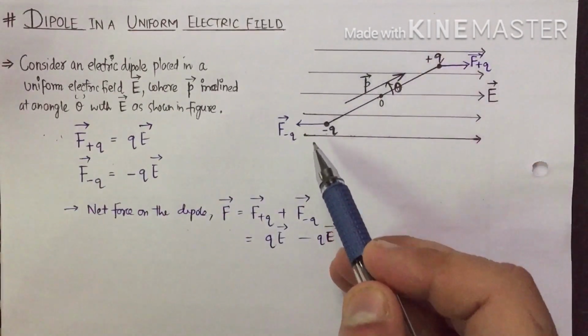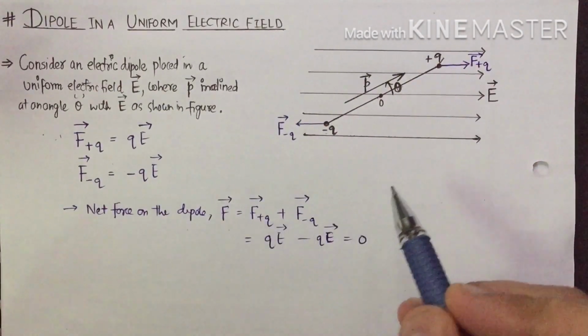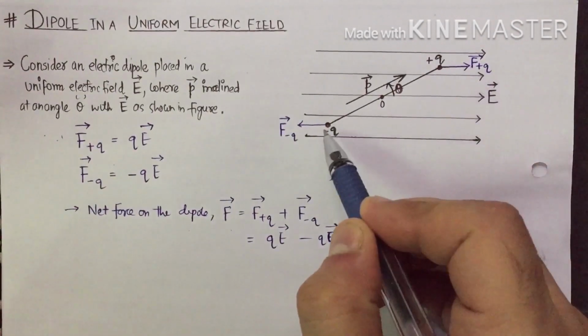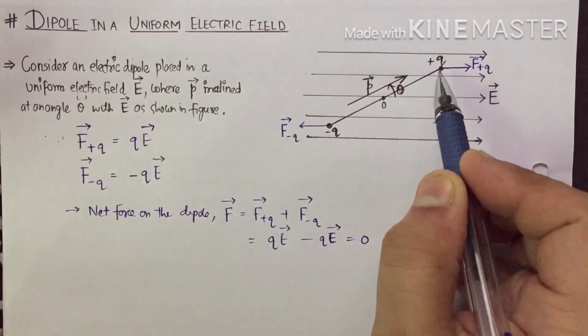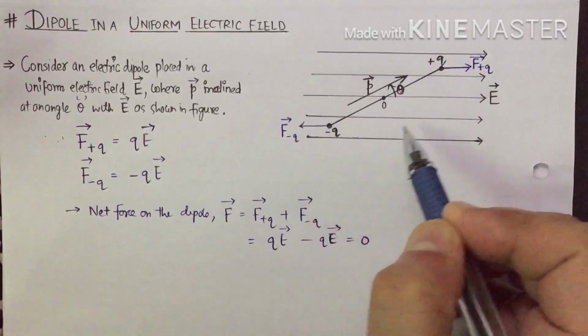So the total force acting on a dipole is 0, but still we can see these forces are equal in magnitude and they are in the opposite direction acting on the dipole.